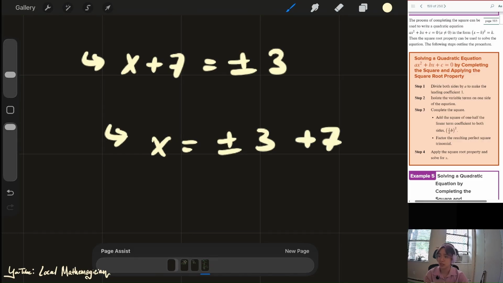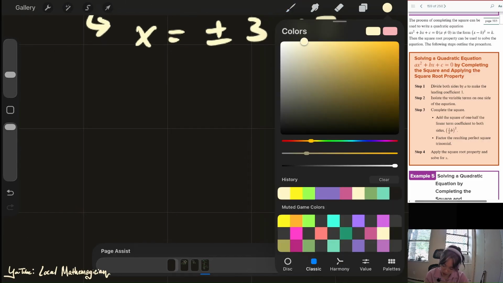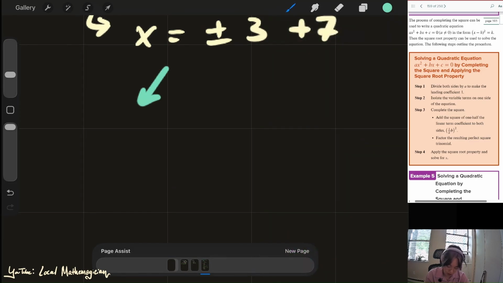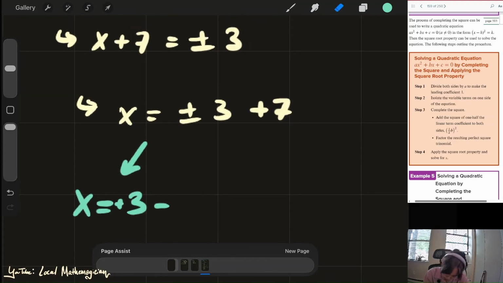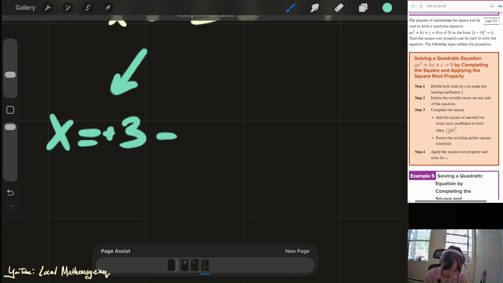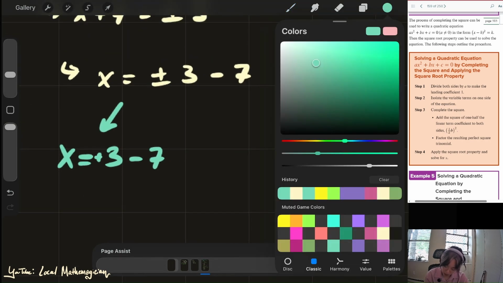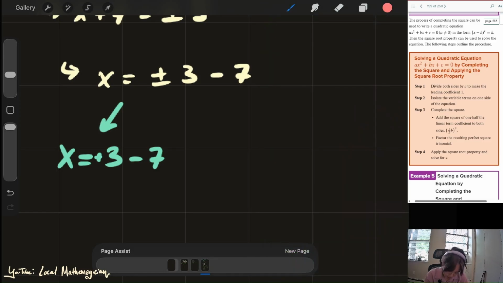What does this mean? This means you have two solutions. x is equal to positive 3, I'm so sorry, that's supposed to be a negative sign, minus 7, like that. Or it can be x is equal to negative 3 minus 7, right?